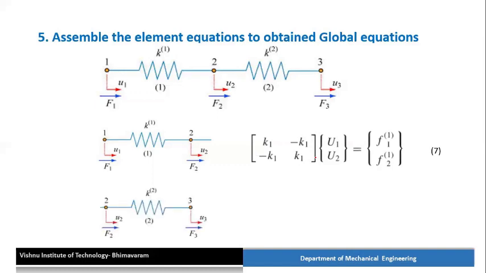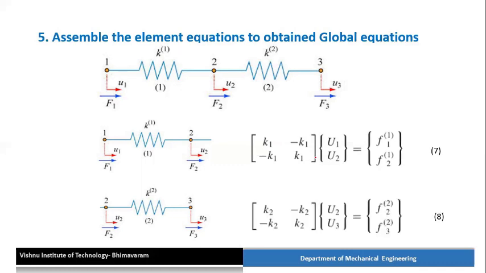Similarly, for element 2 the same equations apply, only changing to K2, because K2 is the stiffness of element 2. So KQ is equal to F. In simplified form, K2, minus K2, minus K2, K2, with displacements U2, U3 and forces F2, F3 corresponding to the element 2 nodal points and force vectors.